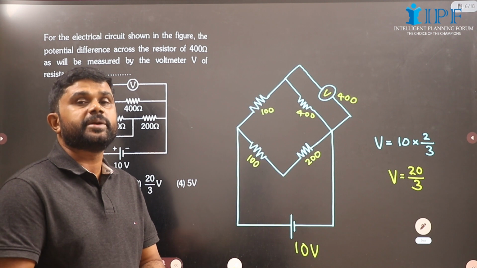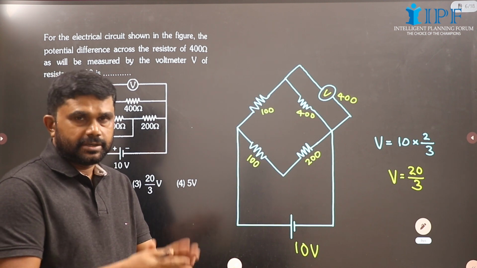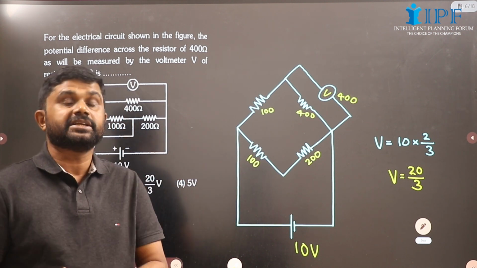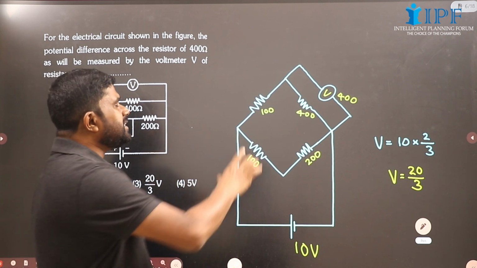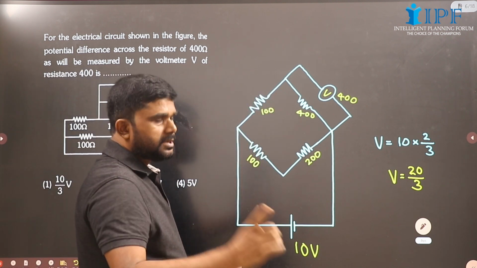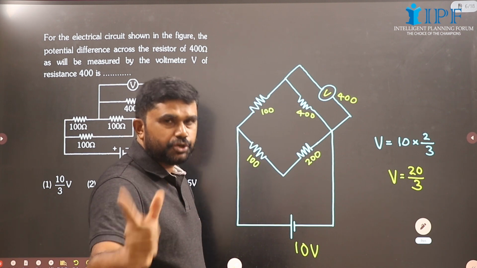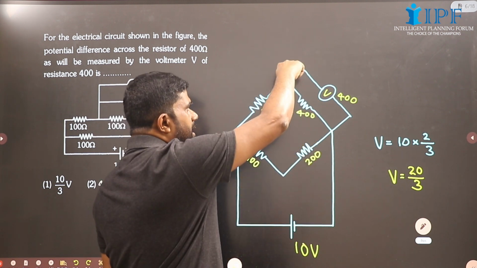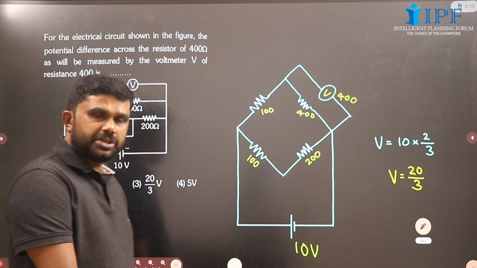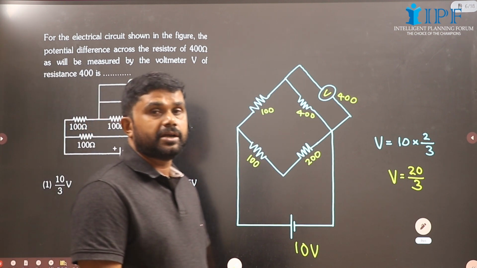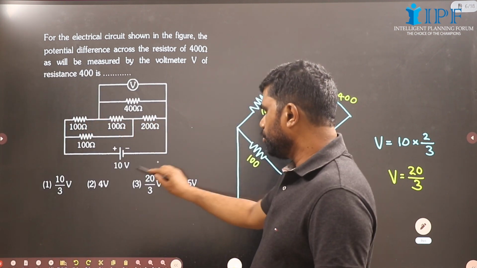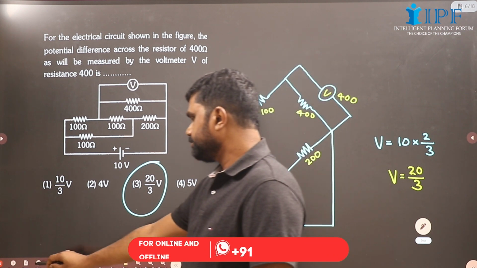So each part will be 10 by 3. The voltage across this will be one part and the voltage across this will be two parts. So 10 by 3 into 2, that is the voltage across this branch, that is 20 by 3. That will be the reading of the voltmeter. Okay, so 20 by 3 volts.